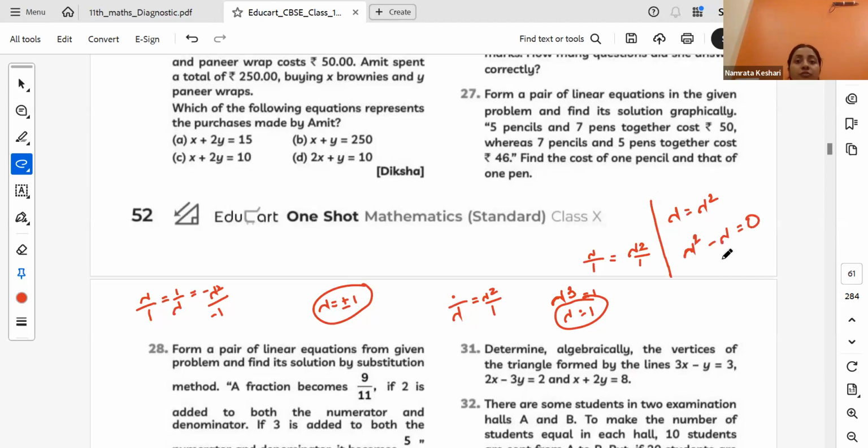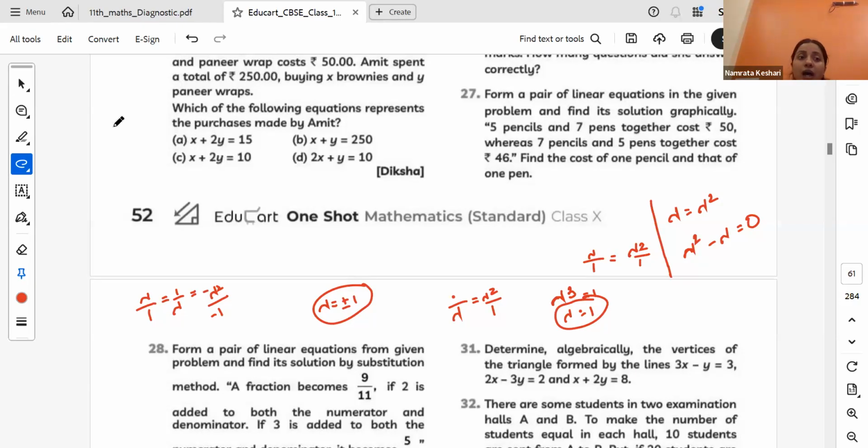Here you have to do the factorization first. Quadratic equation chapter, have you done, Ritvika? No, ma'am. We're halfway there. Okay, if you are halfway there, always for finding the x value, for finding the solution, we have to do the factorization.